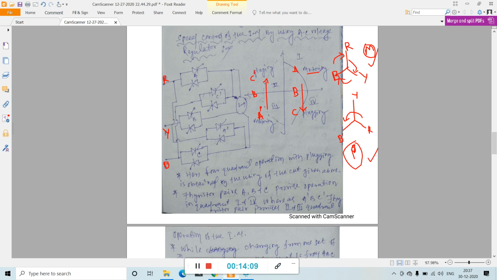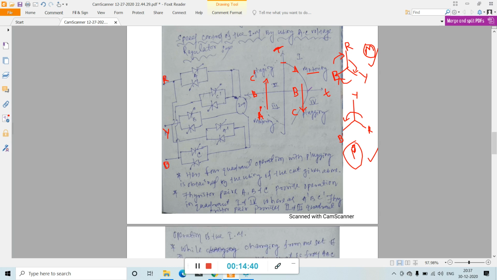In motoring mode, this axis is your time axis and this is your torque axis, capital T. Here in motoring mode, at this point torque is maximum, then gradually torque will decrease.